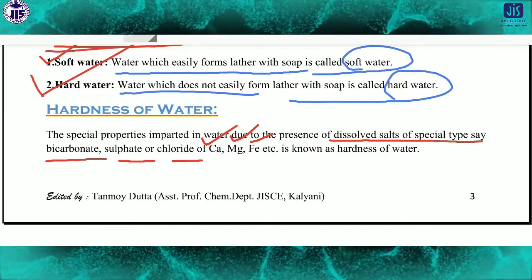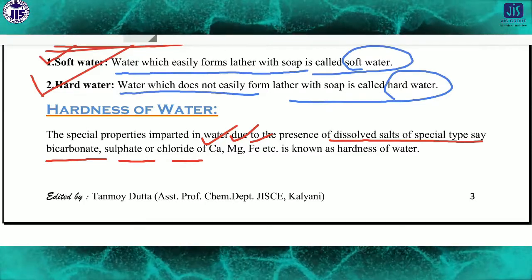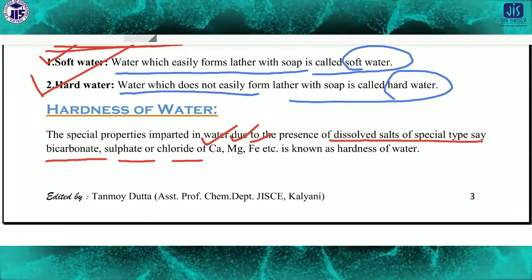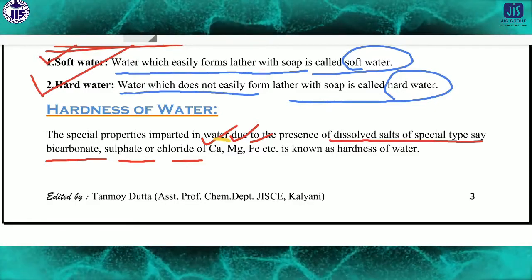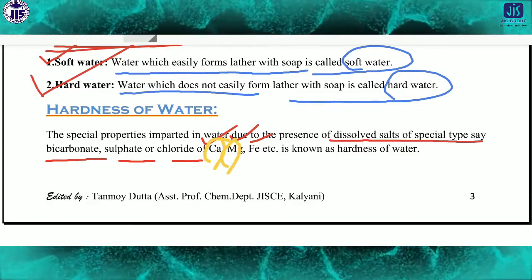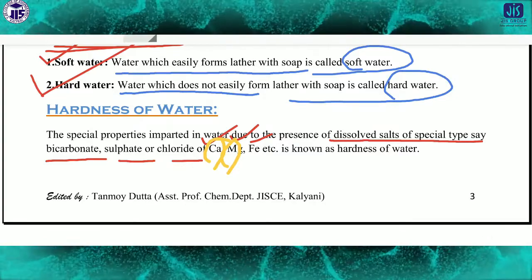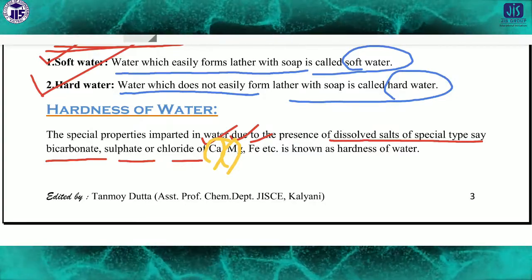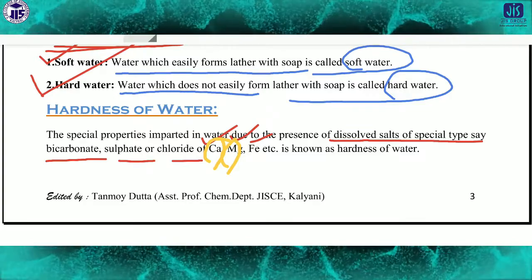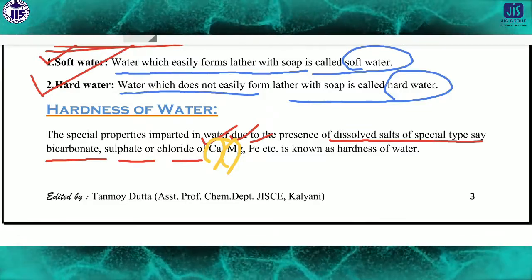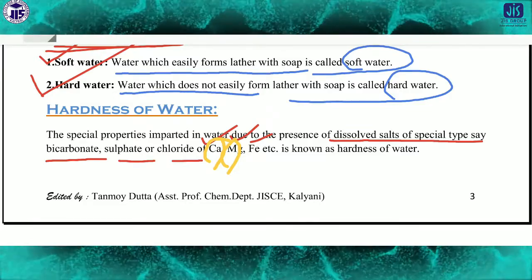What are the reasons behind the hardness of water? Generally we take it as some salts of calcium and magnesium, but actually not only calcium and magnesium, there is some contribution also from iron. So calcium, magnesium and iron, these three ions are responsible.